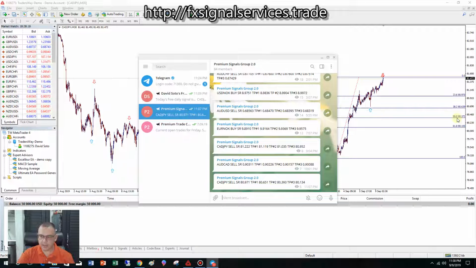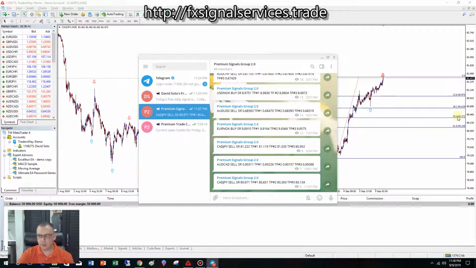What I typically recommend is take profit number 2. That will give you a fair amount of pips, a fair amount of profit without too much risk, okay? The bigger the take profit, the greater the risk, because there's always a chance that it may not always go this far.